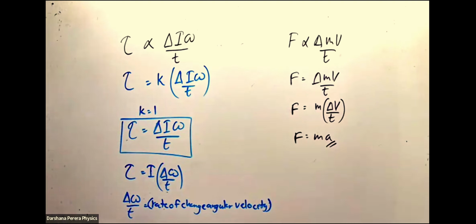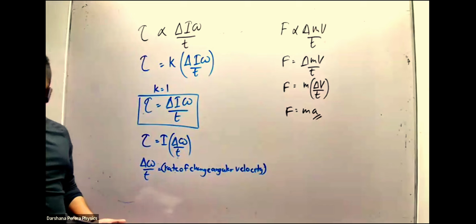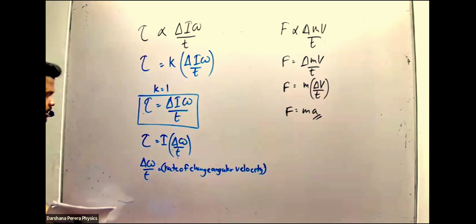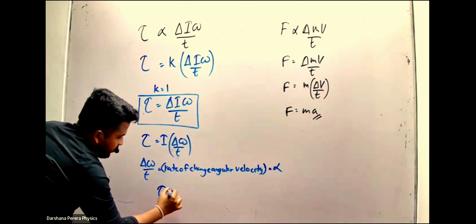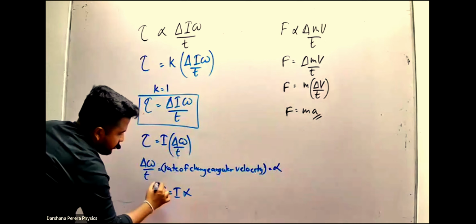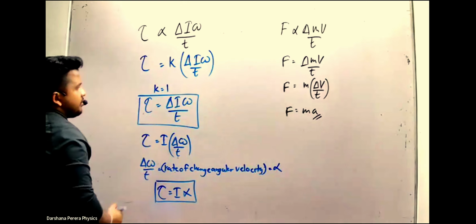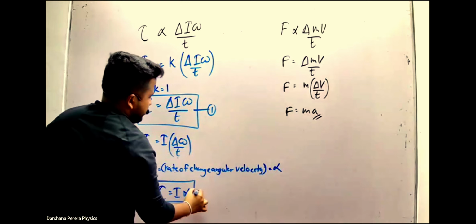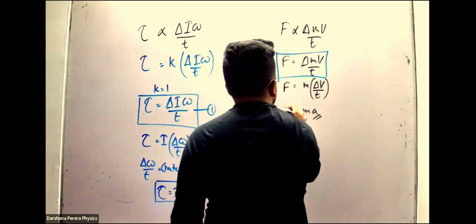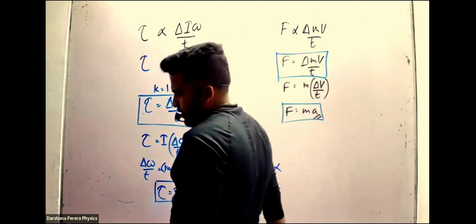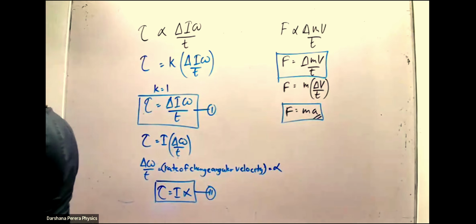Therefore, we can simply say it is alpha. Therefore, torque equals I alpha. This is number 1, this is number 2. Likewise, in linear motion, F equals delta mv over t, F equals ma. Very easy.